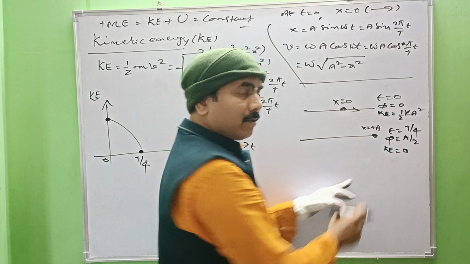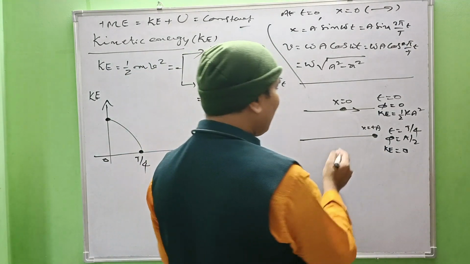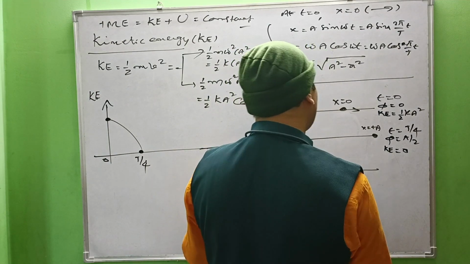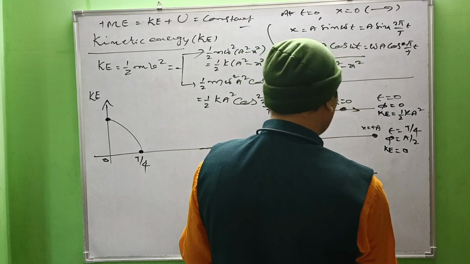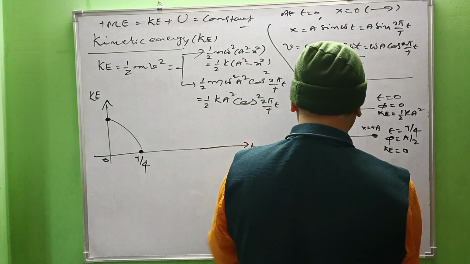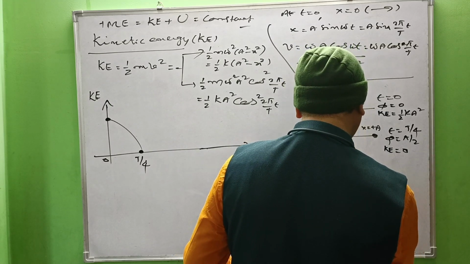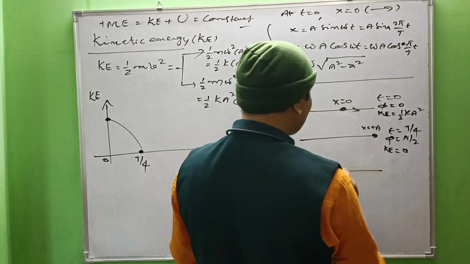After reaching the positive extreme position on the right side, the particle again retraces and reaches the mean position once again, like this. Then it enters in the negative x direction.